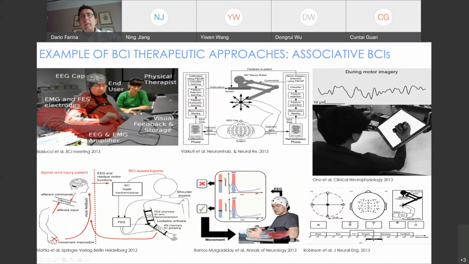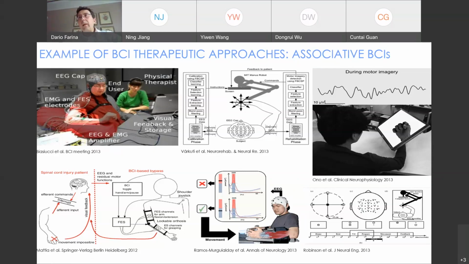In many of these approaches, the underlying principle is that of associating motor commands with afferent feedback, or motor commands with stimulation of the central or peripheral nervous system.